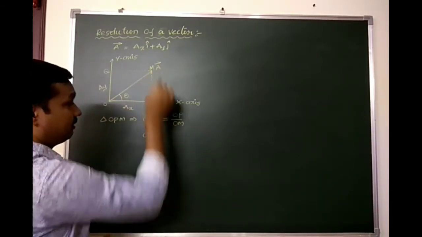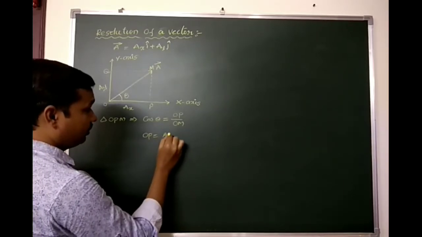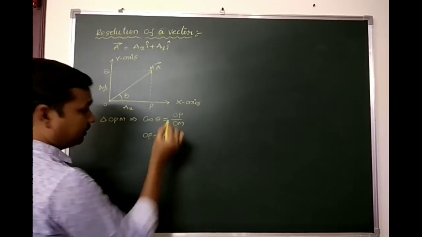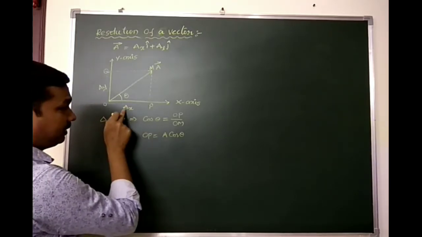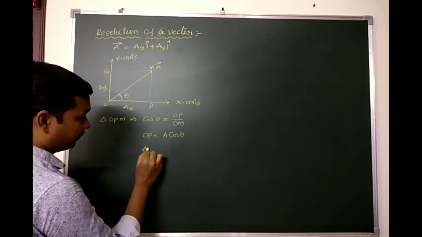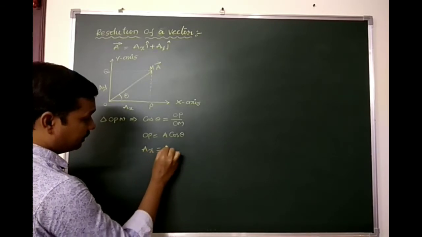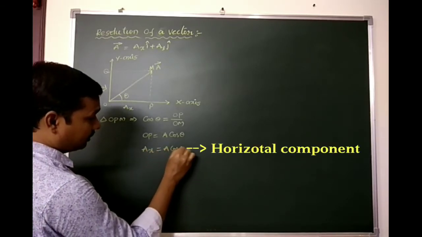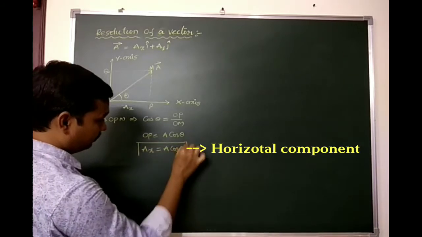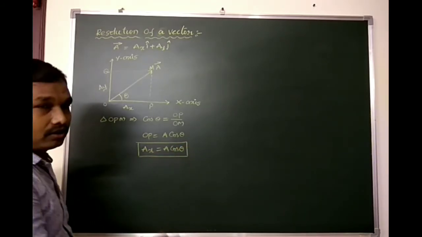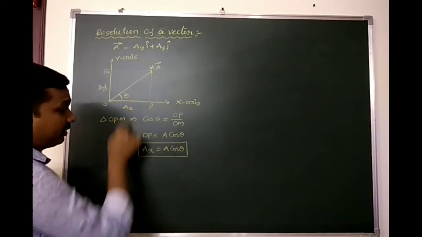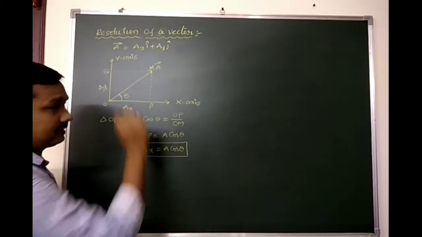OM is the vector, so A cos theta. OP is nothing but Ax. So Ax is equal to A cos theta. This is the component of a vector along the x-axis.